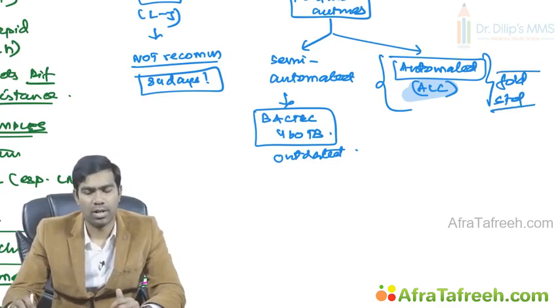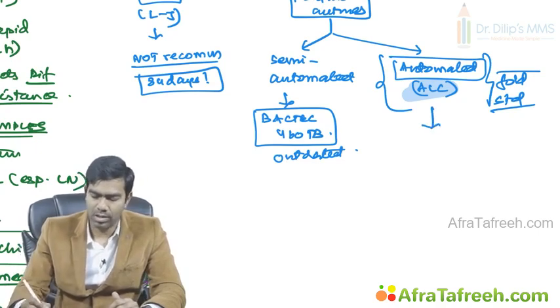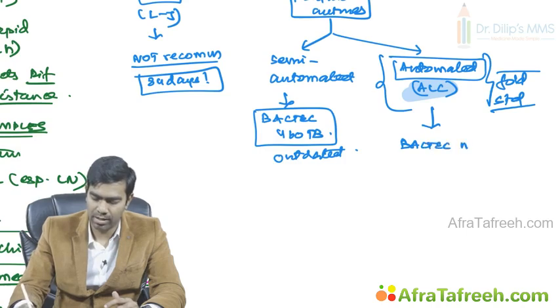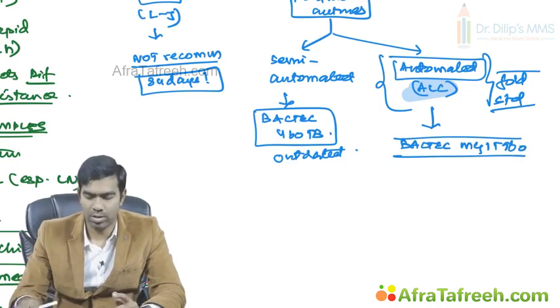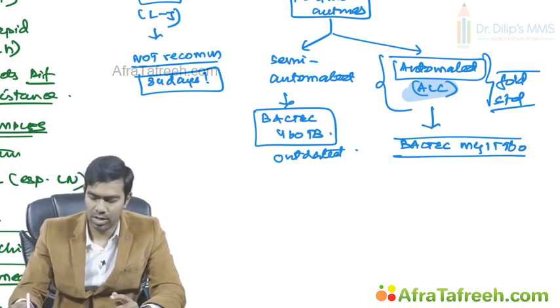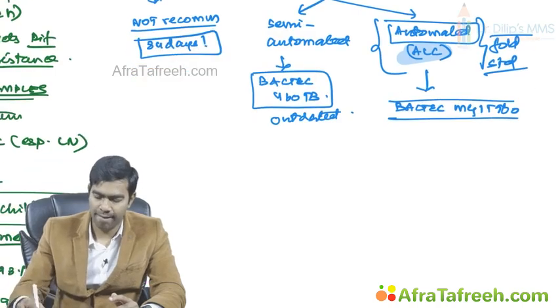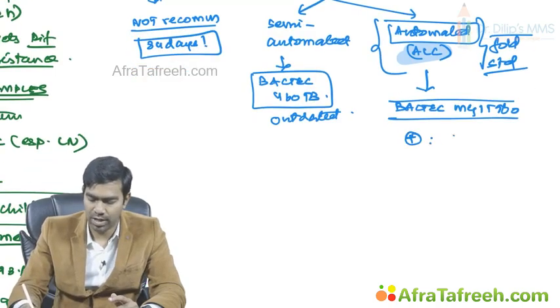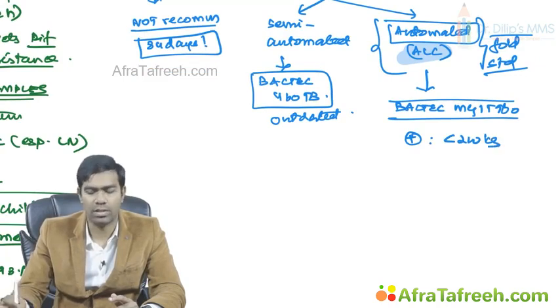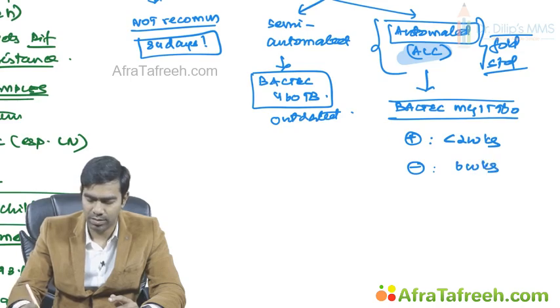Growth in automated liquid cultures: the typical method we use is the BACTEC MGIT 960, and this is the gold standard in the current era according to RNTCP, where the results for a positive test are available within 2 weeks, but the results of a negative test might take approximately 6 weeks. That's what you have to know.